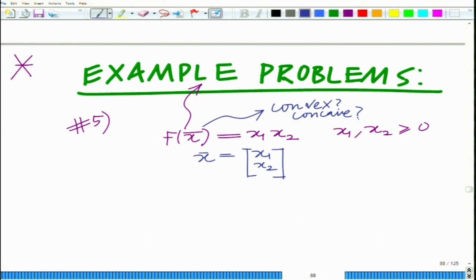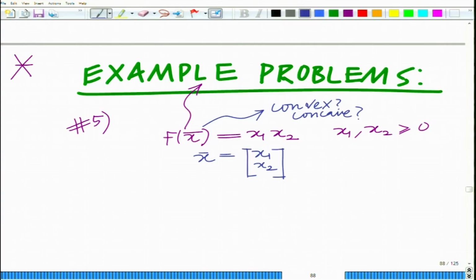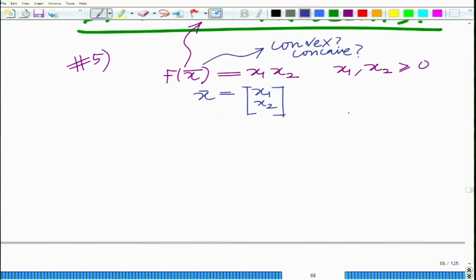Convex, concave, or neither. Remember, a function need not be only either convex or concave, but can be neither convex nor concave. All right. So, that is an important point to keep in mind. Okay. Let us start by looking at, once again, remember we have a simple test for convexity, that is the Hessian, which in this case is simply dou square f by dou x1 square, dou square f by dou x2 square.